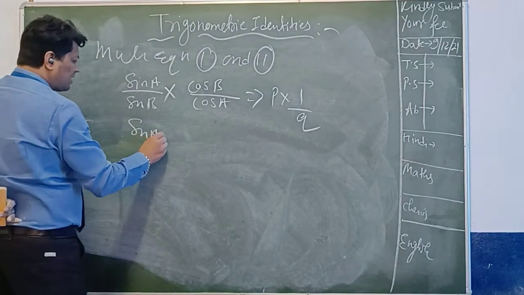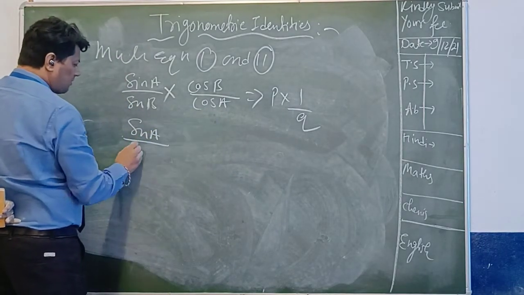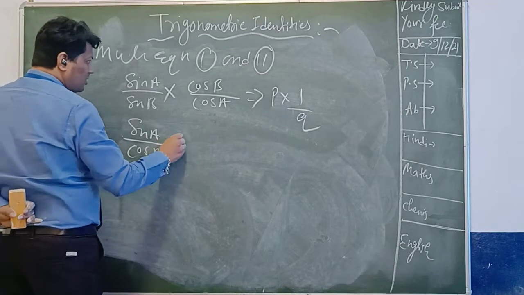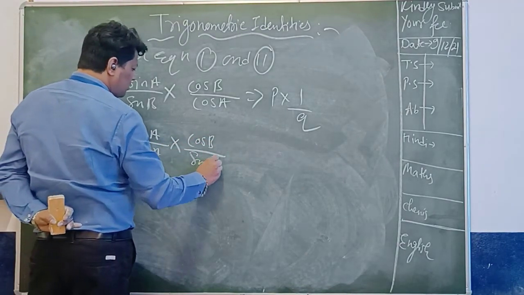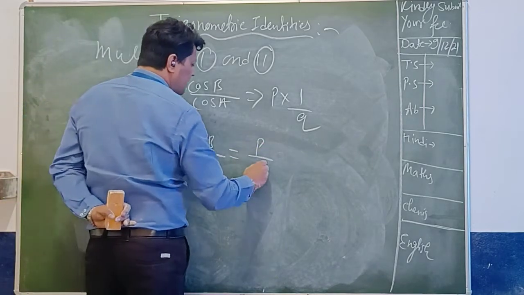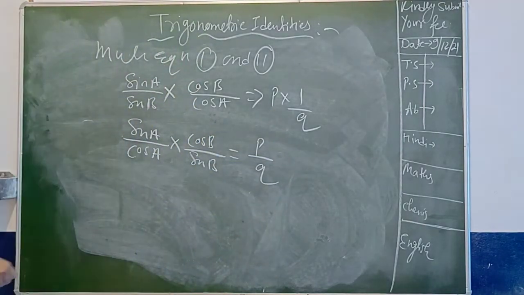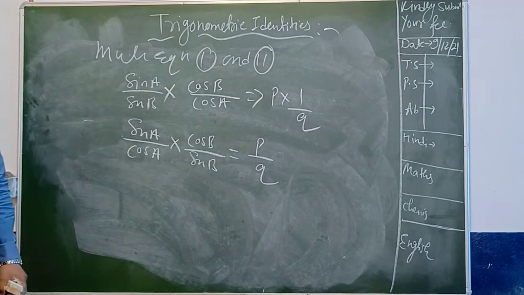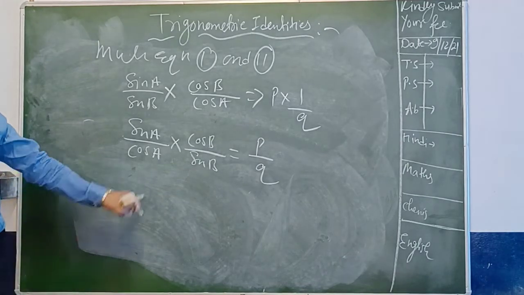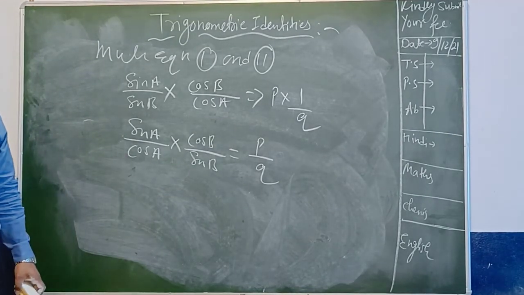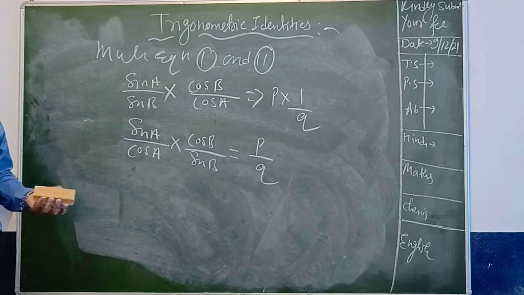So sin A and cos A multiplied with cos B upon sin B equals P divided by Q. Is it clear? Any doubt up to this point?